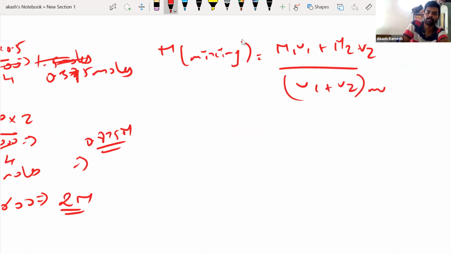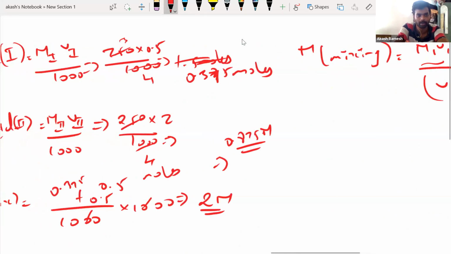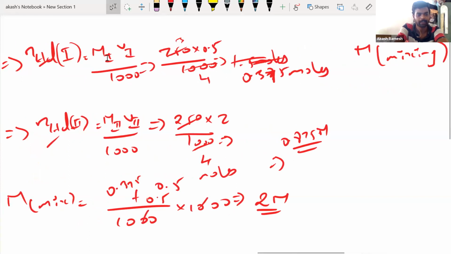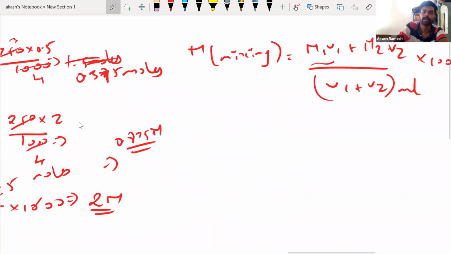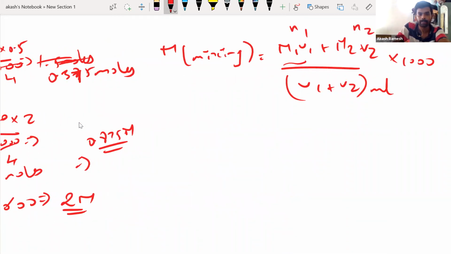If the volume is in ml, you put 1000 in the numerator. Very simple. Now again, what is M1 V1? M1 V1 is basically going to be N1. If I multiply molarity into volume, I get the number of moles. So M1 V1 will be N1 and M2 V2 will be N2, divided by V1 plus V2. This equation you can directly use whenever these kinds of questions come to you.